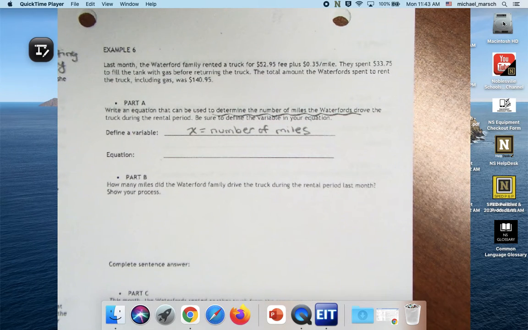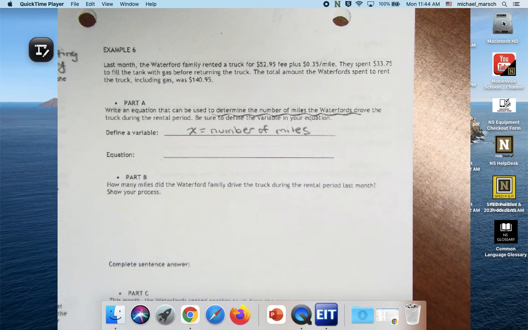This one's slightly different than the other equations we've done. Who can tell me why this is slightly different? What do we have here that we haven't had yet? Maggie? The total. Right, so we have a total. What else do we have as part of the information given?